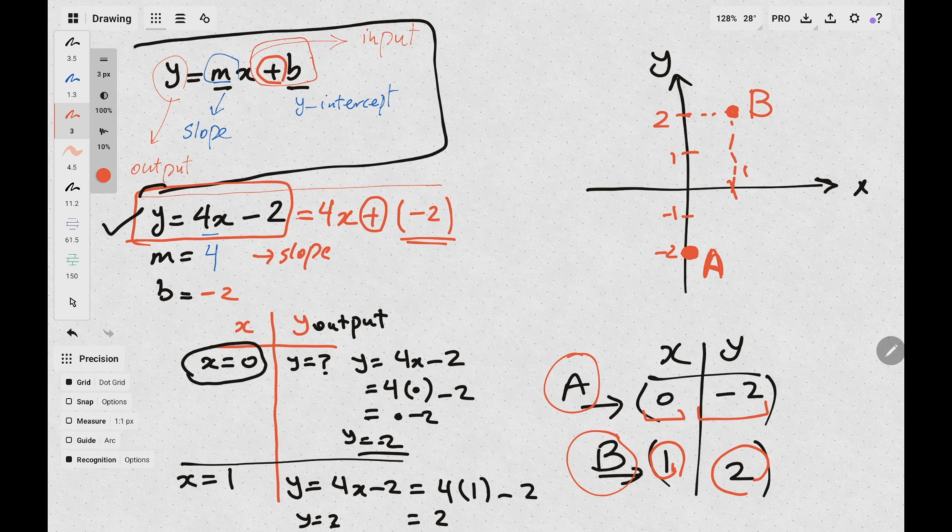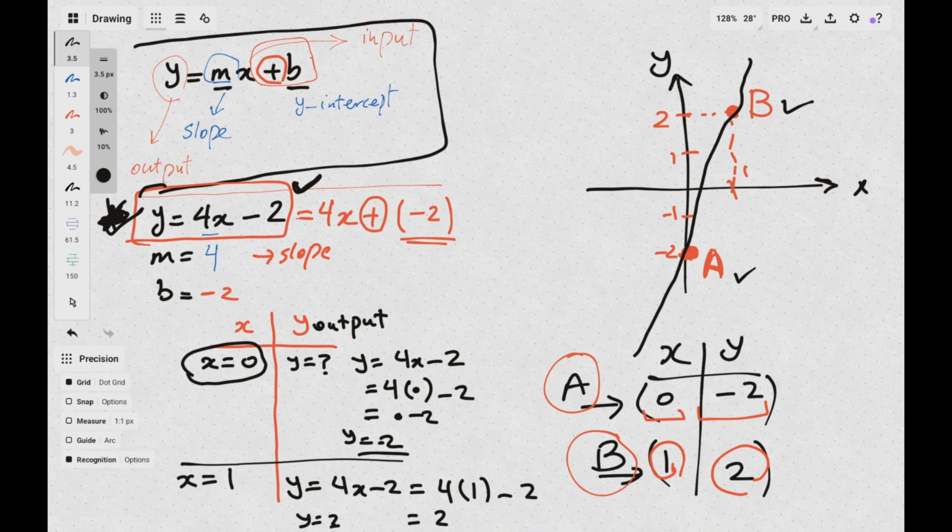What are these two points showing me? Based on this example, these points show me that I can plot two points, and from those two points I can draw a straight line.